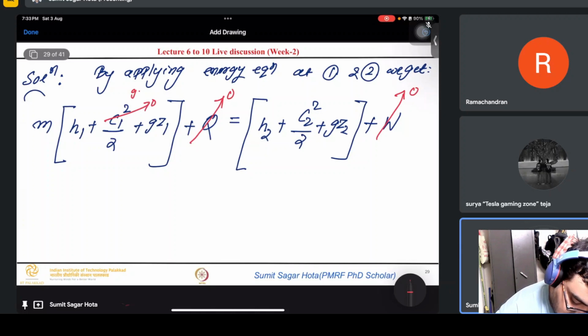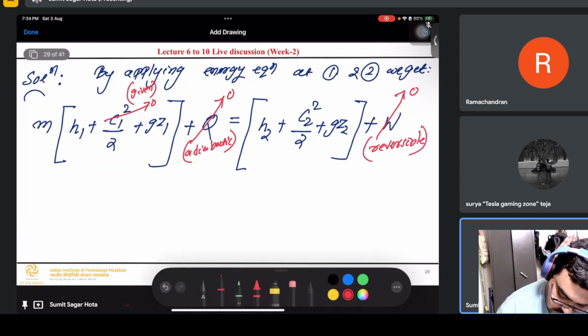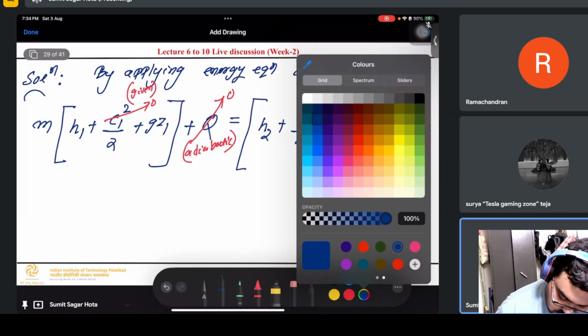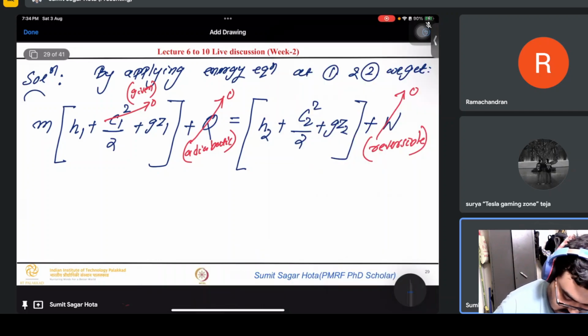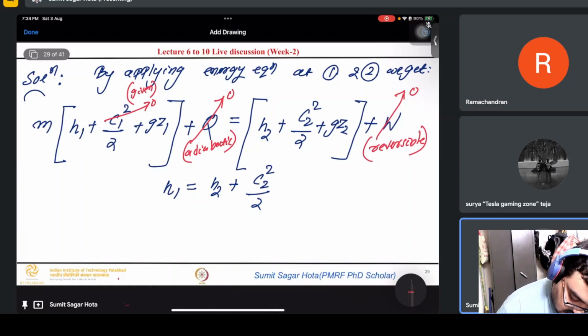This is given. This is your adiabatic, and this is reversible. Now if you rearrange, you will get H1 is equal to H2 plus C2 square by 2, because I already told you Z1 is equal to Z2, so these two will get cancelled.